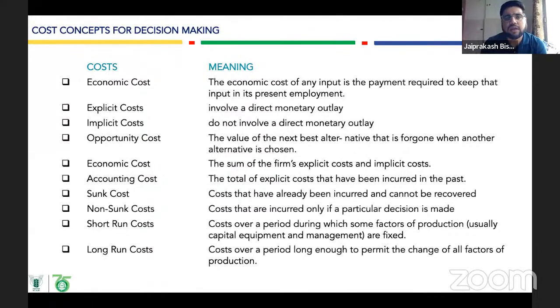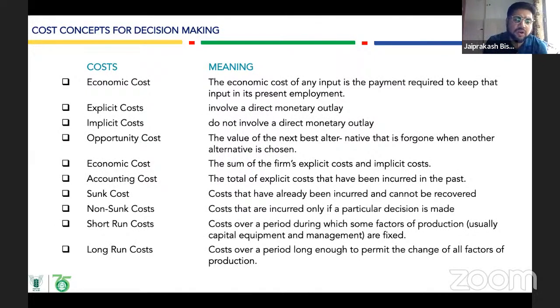In general cases, there are some explicit cases where you can have this kind of facility because of maybe your reputation, or maybe some faulty inputs. But generally we assume that there is homogeneity in the input, and that it is of good quality, so we don't assume that it can be recovered back. So that is a sunk cost.